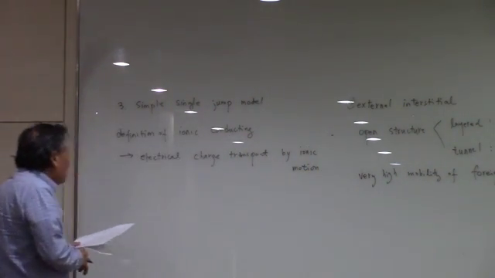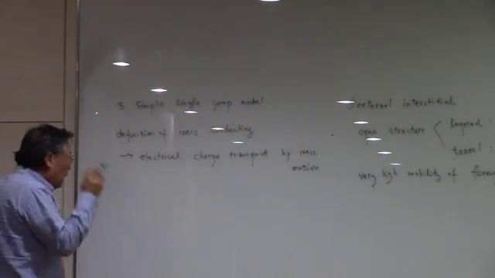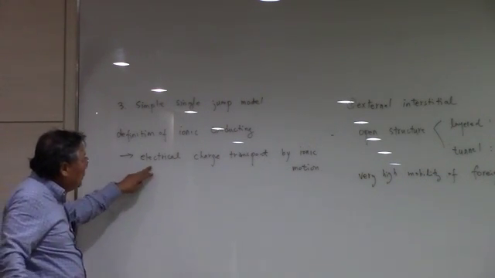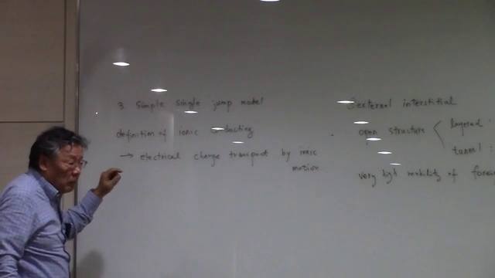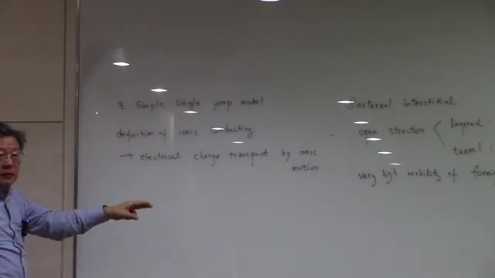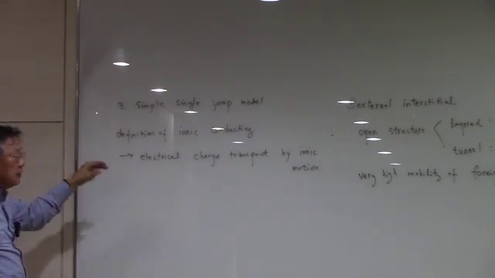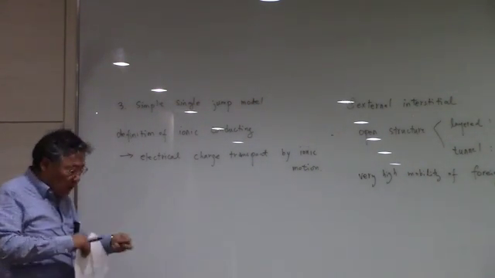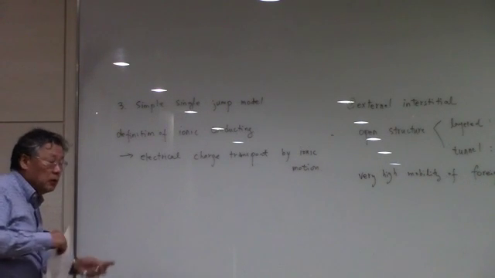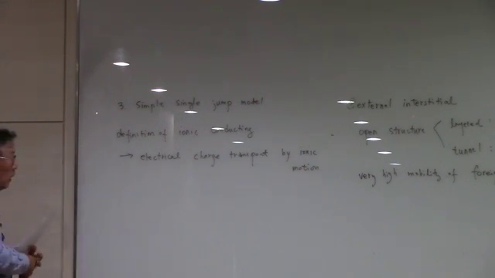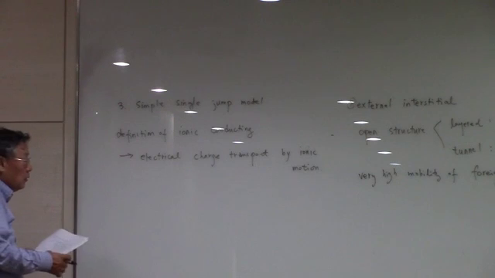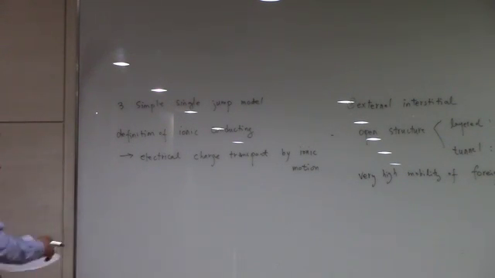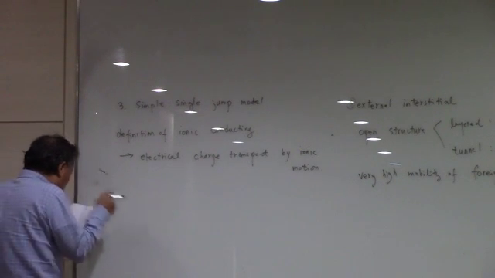Usually the electrons and holes, the electric carriers, are moving very much faster than the ions. But in electrochemistry, the electrical charge transport is controlled by the ionic motion, because ionic motion is very sluggish compared to the electrons' motions.